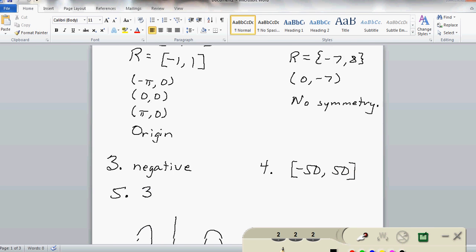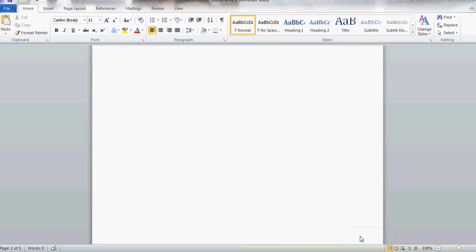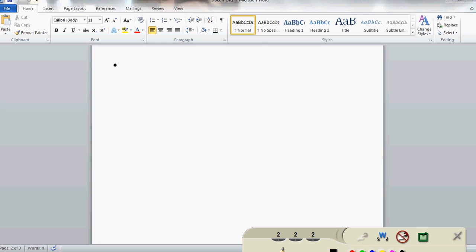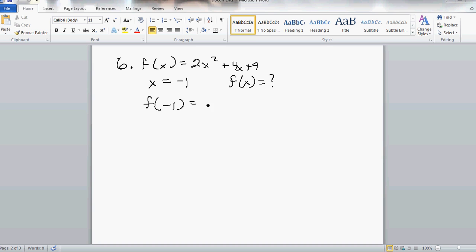And then the last group of problems simply asks us to answer general questions about the particular functions. So number 6, we're given the function f of x equals 2x squared plus 4x plus 9. Now, if x equals -1, what is f of x? Well, simply, we need f of -1, which goes back to the last section. This should not be a great surprise.